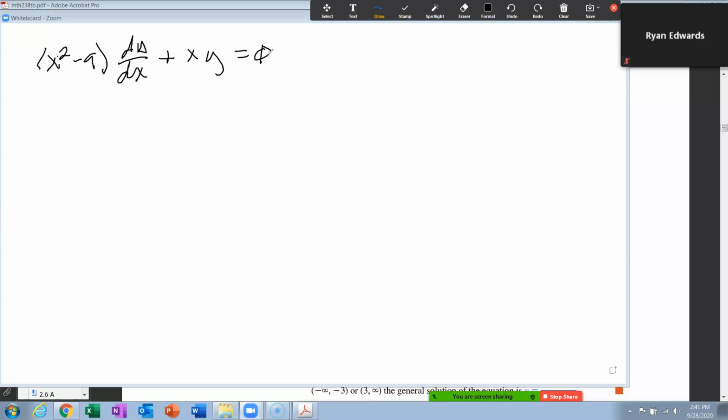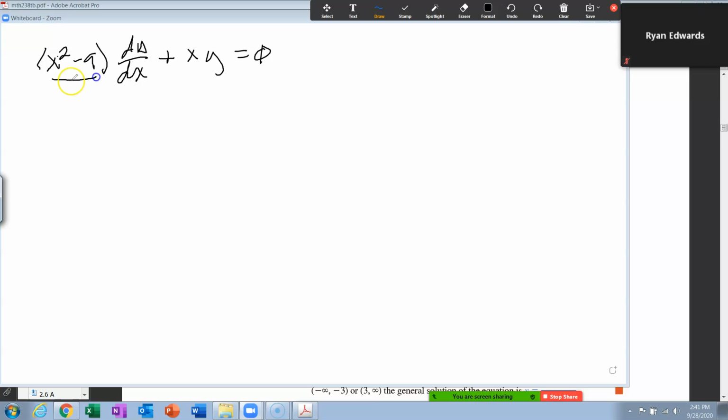This is not one, I don't believe, that you can solve by separation of variables. So hang that up, I don't believe it's going to work. This is in the general case. We need to get it into our standard form, which involves dividing by x squared minus 9.